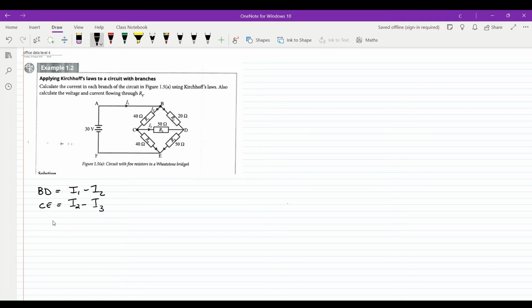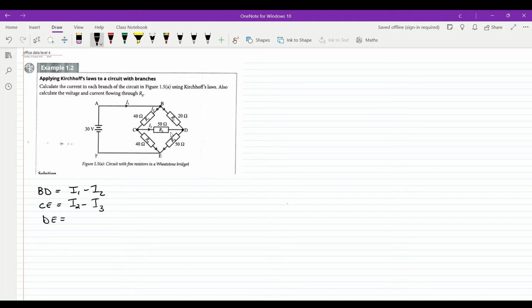Lastly, let us look at junction DE. We need to look at what happens at this particular junction D. If you look at that junction clearly, you can see that BD and CD are both moving towards that junction, leaving that junction towards the 50 ohm resistor. What is BD? BD is I1 minus I2. What is CD?